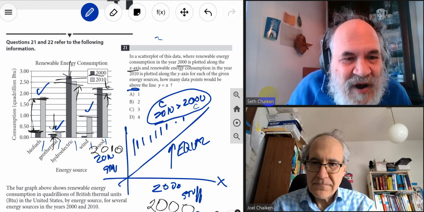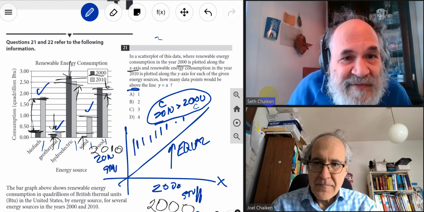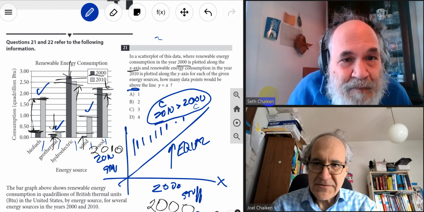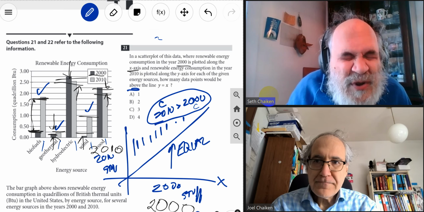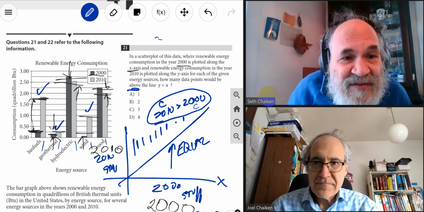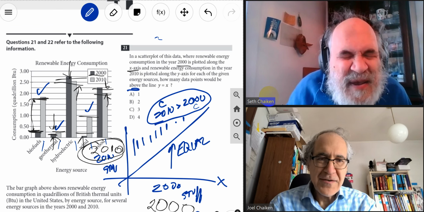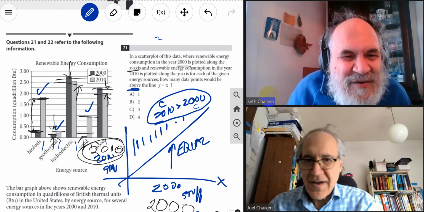We want to find which points are above the line. Those are the points where the y value, which is the 2010 one, is greater than the x value, which is the other one.